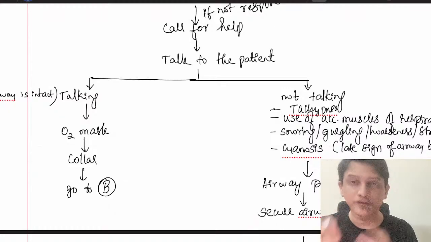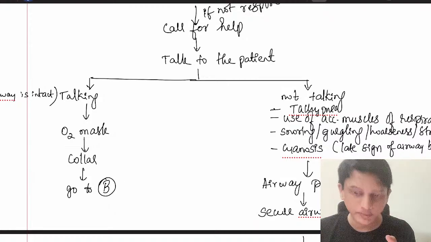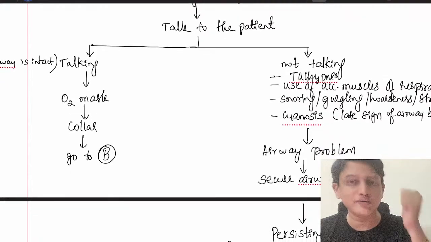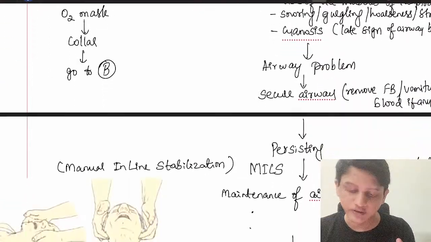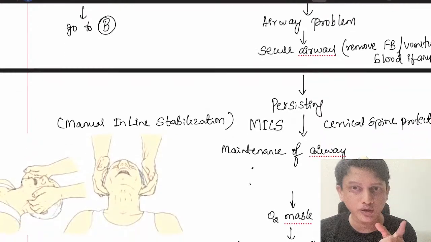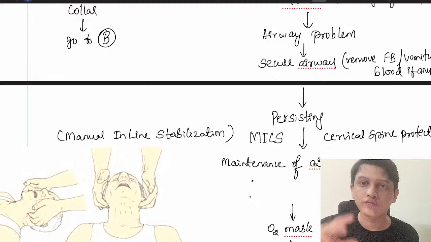So what do you do next when your patient is having such features, then you suspect some airway problem? Not just suspecting, you have to intervene also. How do you intervene? By securing the airway. First thing, you open the mouth, oral cavity, and check if there is any foreign body, any clot, or any secretions blocking the airway.